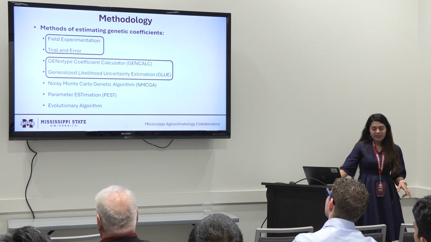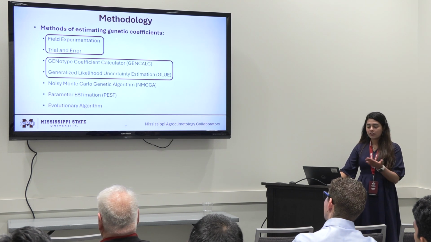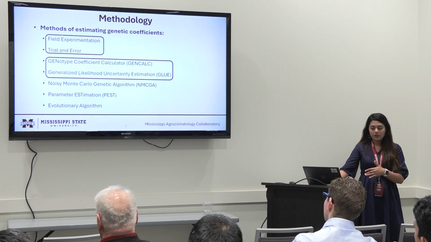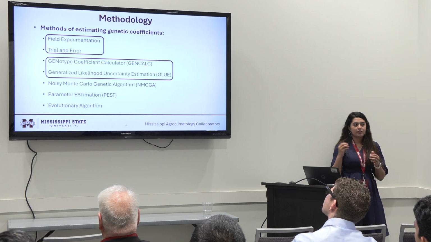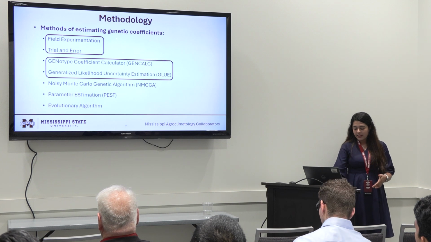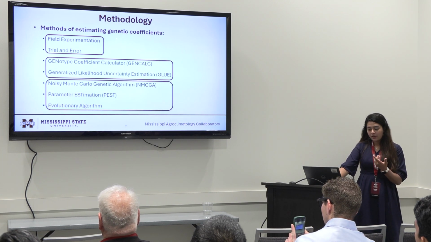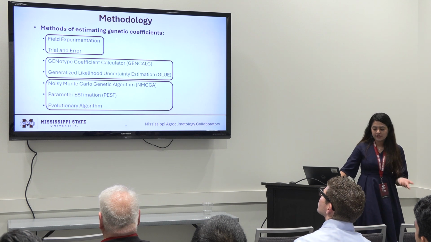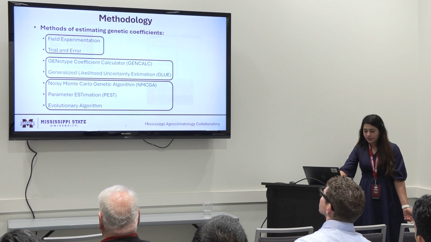For this experiment, I have used minimum data sets to calibrate the model using GenCal and GLUE. GenCal and GLUE are the genetic estimation tools embedded in DSSAT. I'm using these for this presentation. I hope to explore other tools such as NMCGA, PEST, and evolutionary algorithms for my future research work.